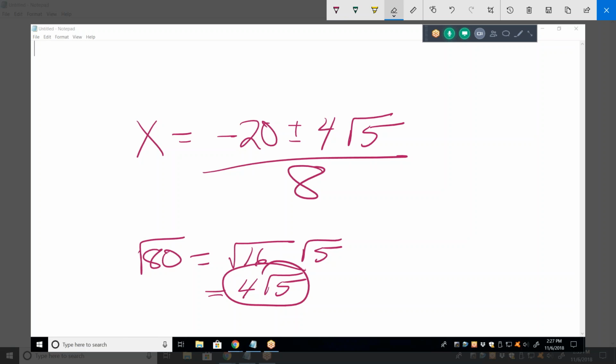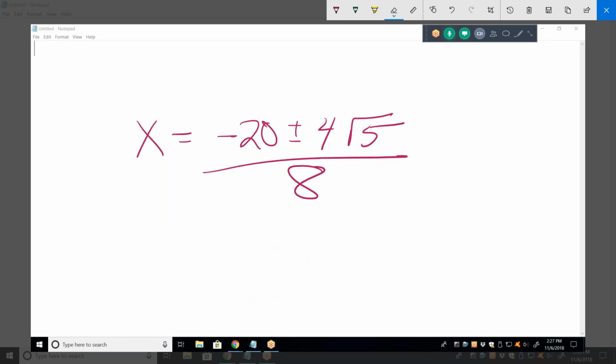Now you'll notice that I can do a lot with that. I can simplify it. How do I simplify that expression down some? Not by 8, but by 4. In other words, what I'm looking to do is to divide the top and the bottom by the largest number I can divide both by.